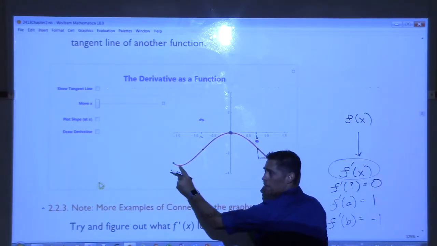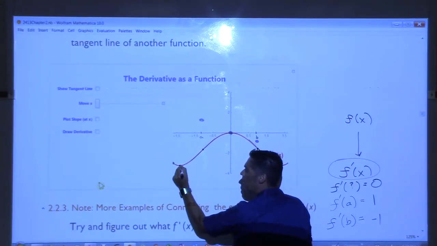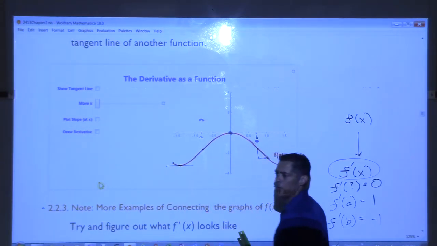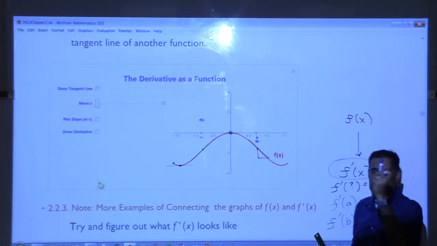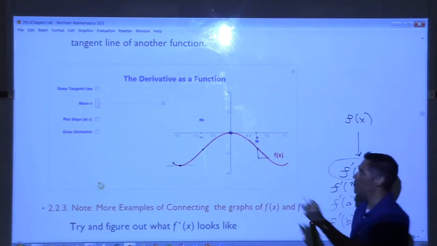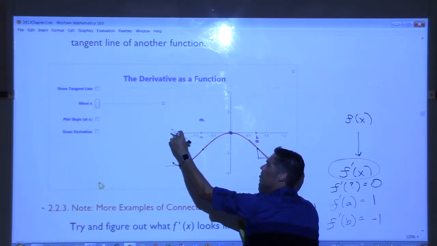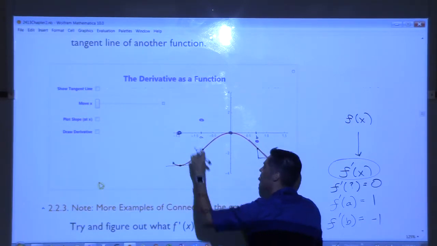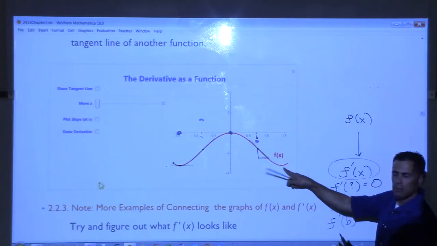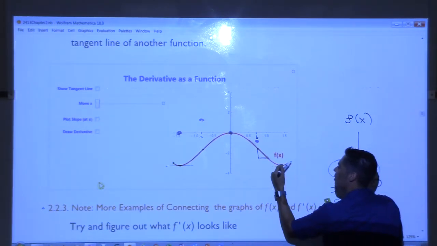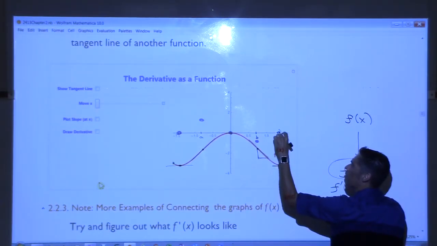Down at the bottom, right? Right here. At that point right there, the slope of the tangent line would be 0. Which means when I graph my purple function, when I go to this x value, I'm going to put a dot right here. Yes? There's another one here, isn't there? And that means I'd have to have a 0 here.